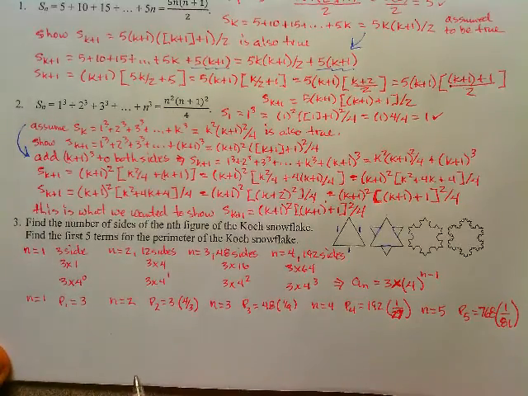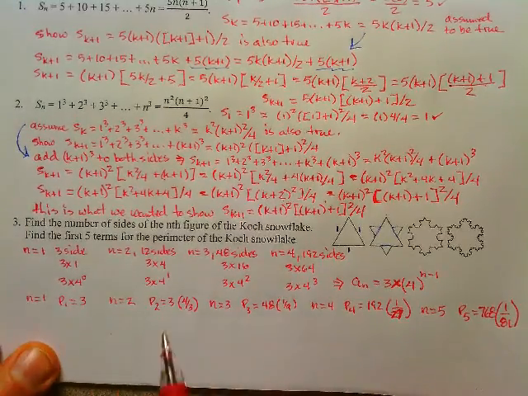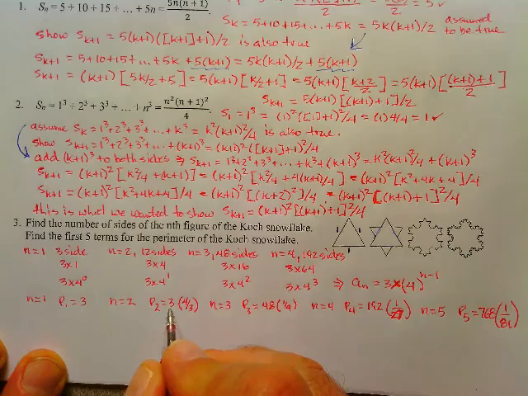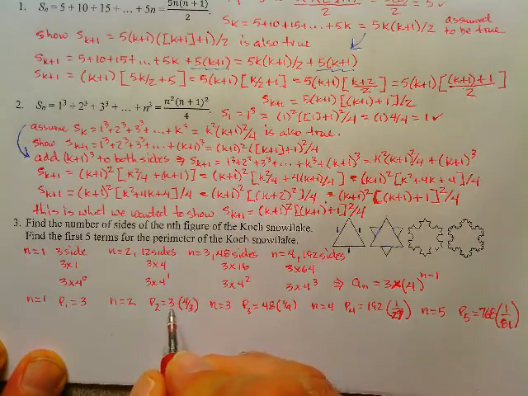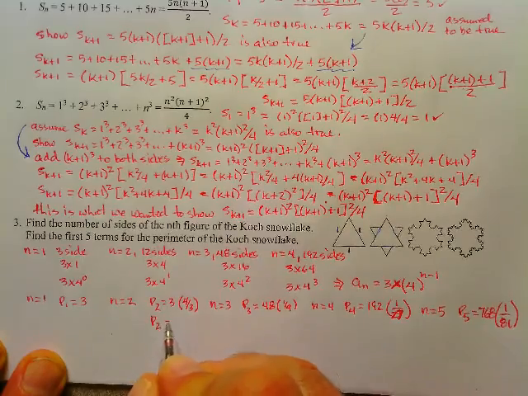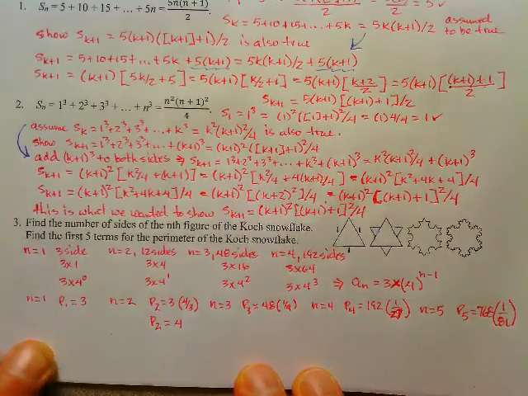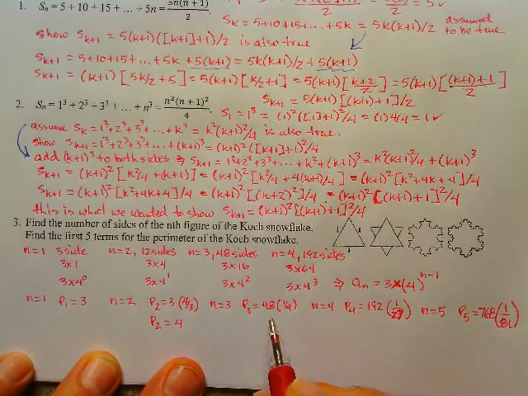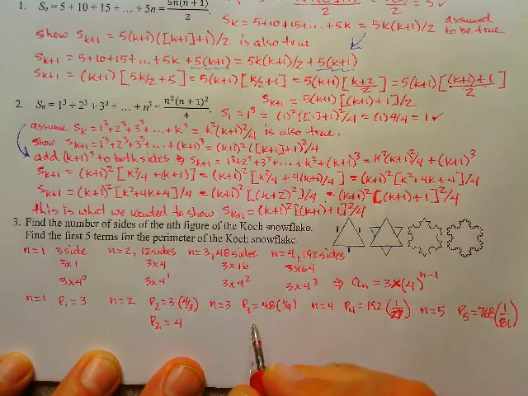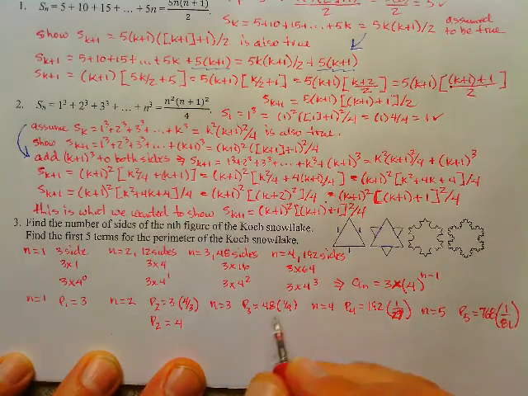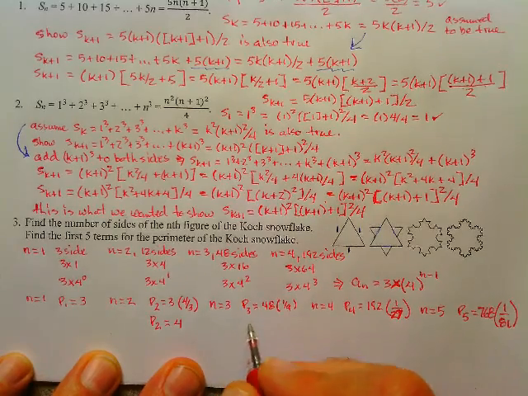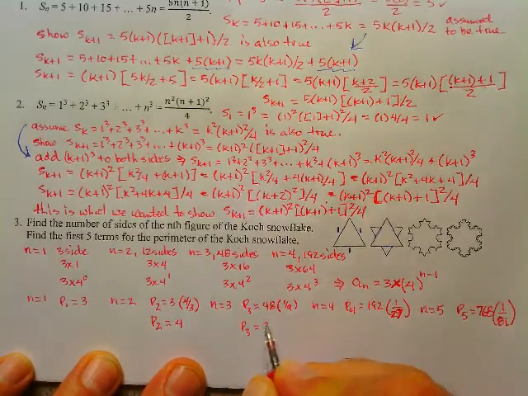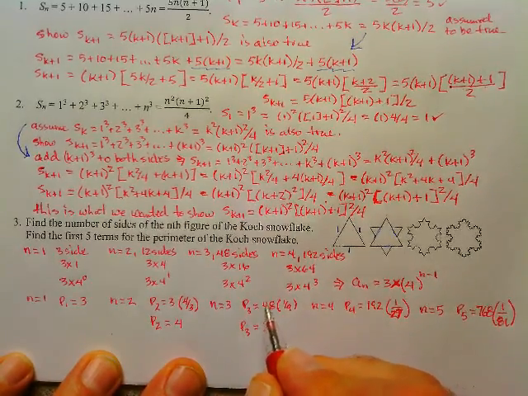So for my P2 case here, of course, the 3's will cancel, so P2 will be 4. For the n equals 3 case, I'm going to pull out a 3 that I had before, and so the P3 case will be 3, and then what's left, 3 out of the 48, that's 16.